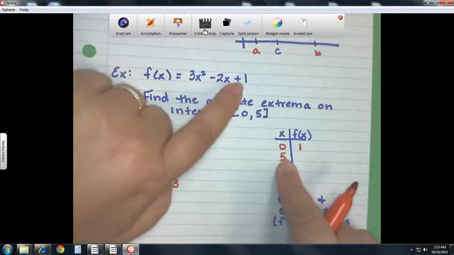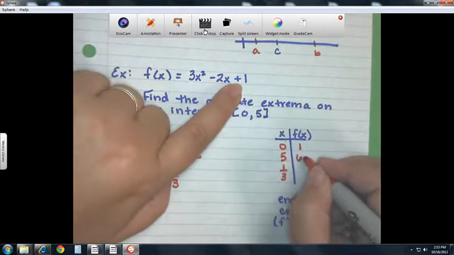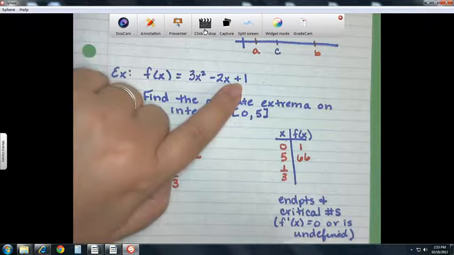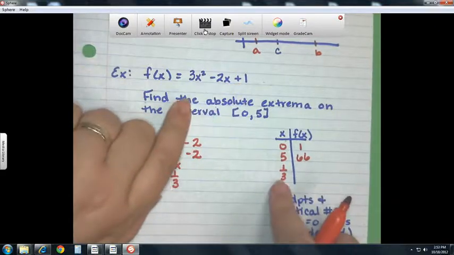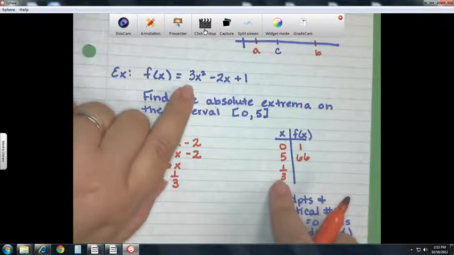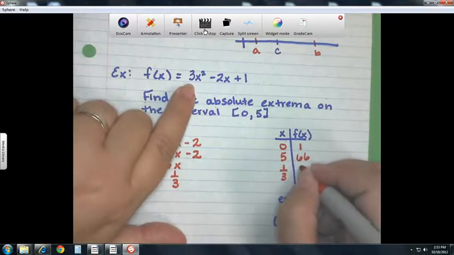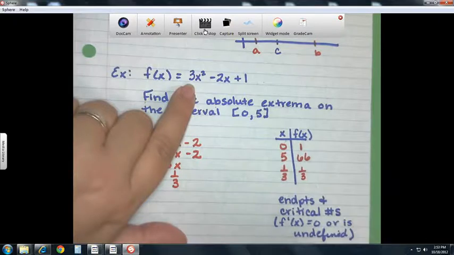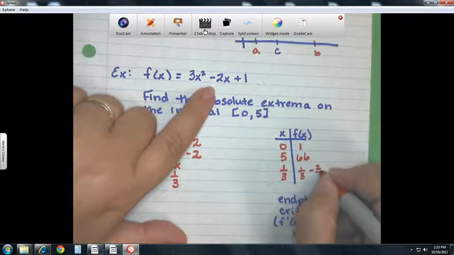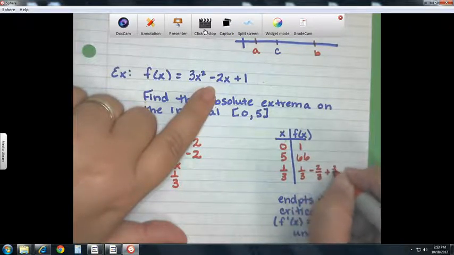Here, when I do the 1/3, I'd get 3 times 1/9, which is 1/3. I'm going to write this one out because I can't do it in my head quite as much. Minus 2/3, plus 1, which is 3/3, right? Did I do all that right? I think so.